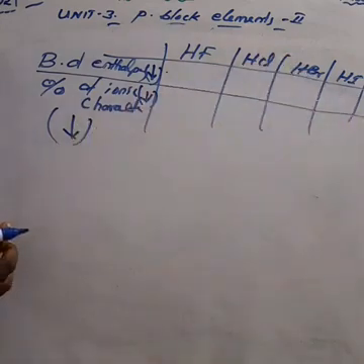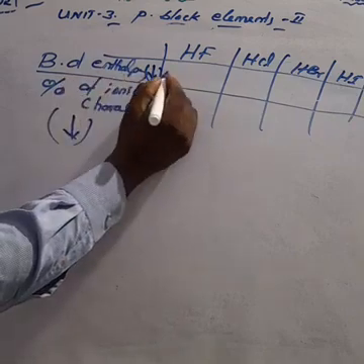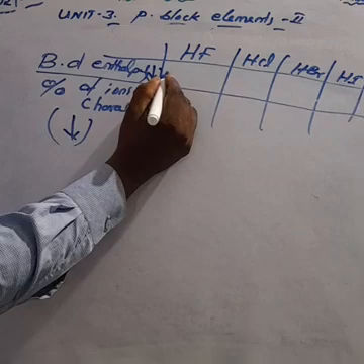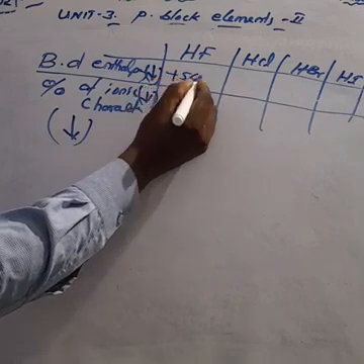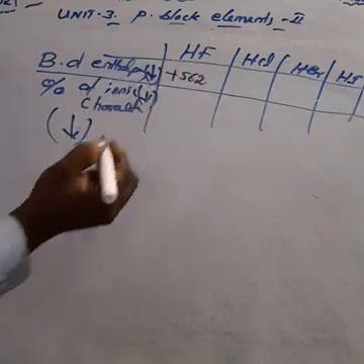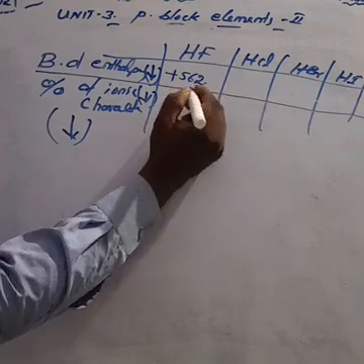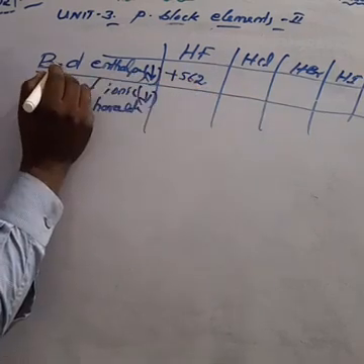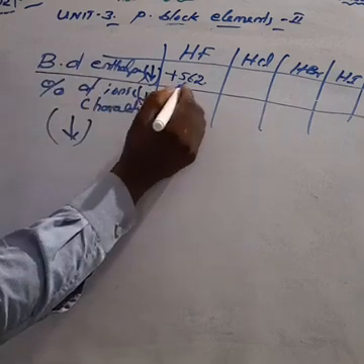Next, the bond dissociation enthalpy for hydrogen fluoride, HF, is plus 562. It is measured in kilojoules per mole.